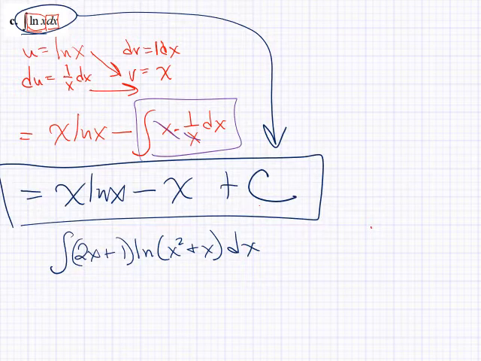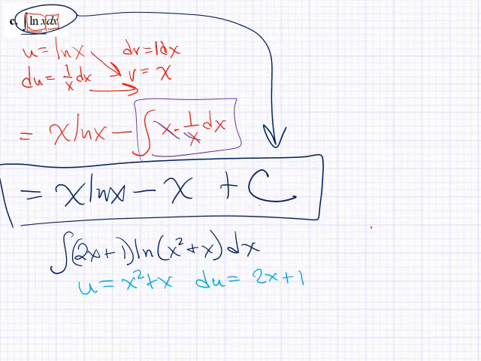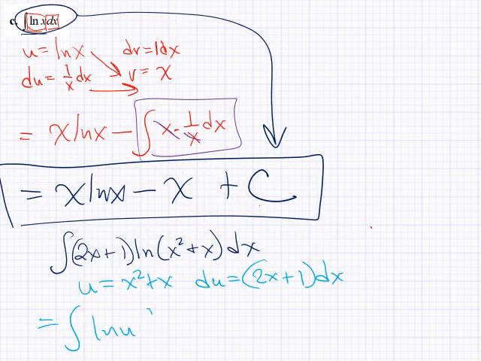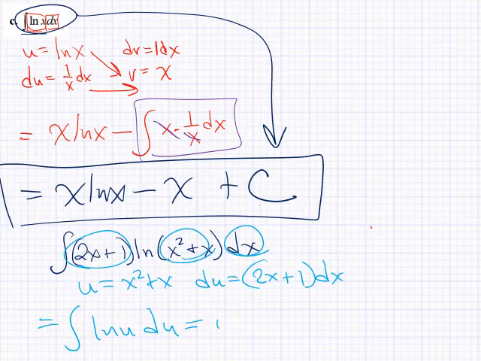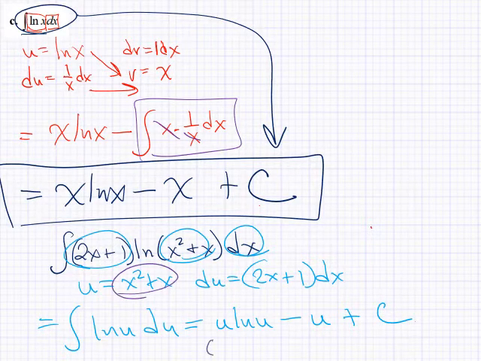However, if I just did substitution and I said u equals x squared plus x and du equals 2x plus 1 dx, this would simply be the integral of ln of u du. Here's my du, here's my u, and it should be u ln of u minus u plus c. Throw in what u was, which was x squared plus x, and you have your answer.